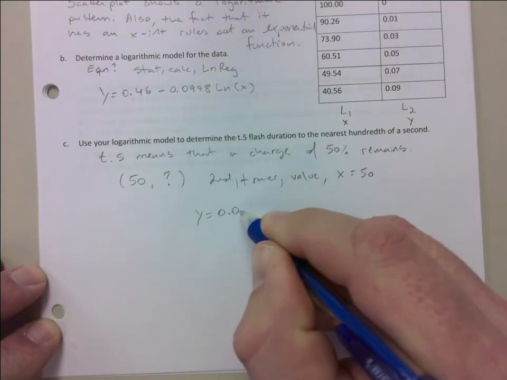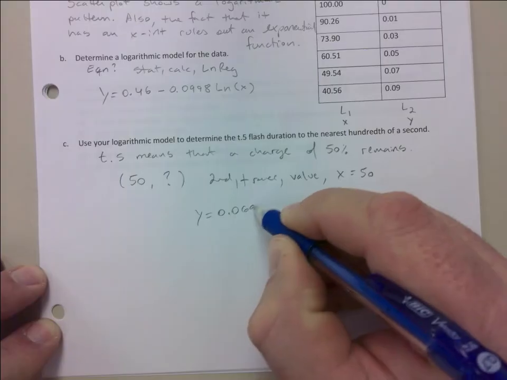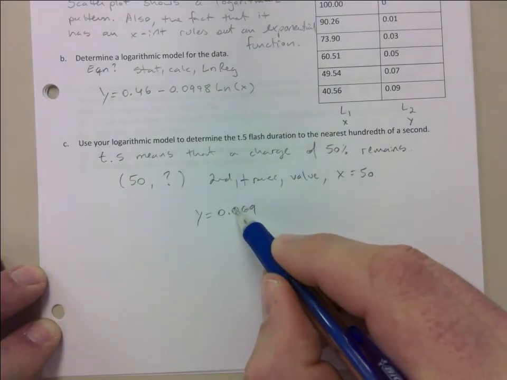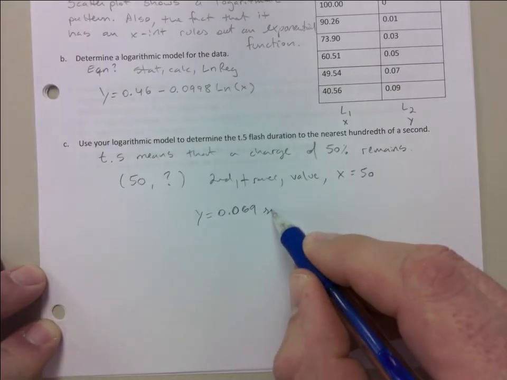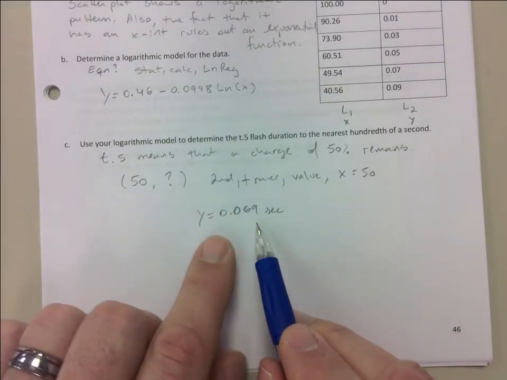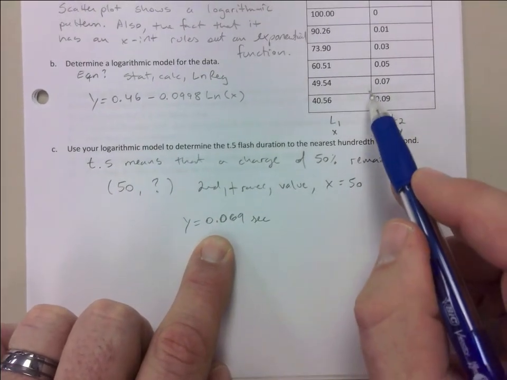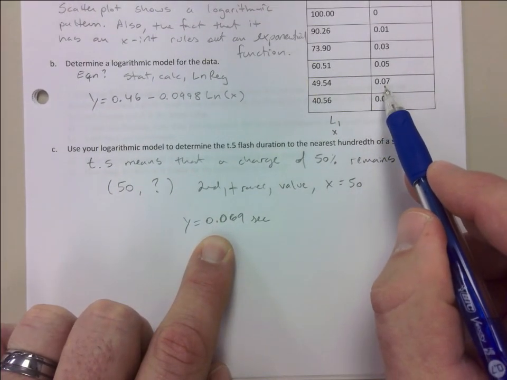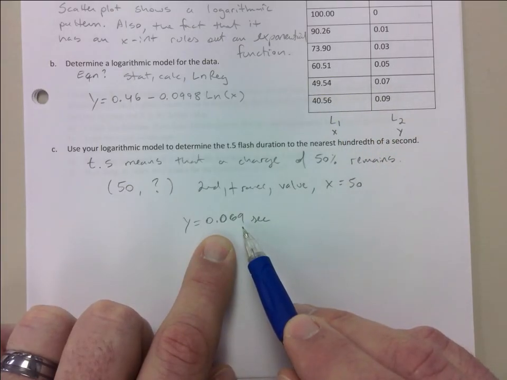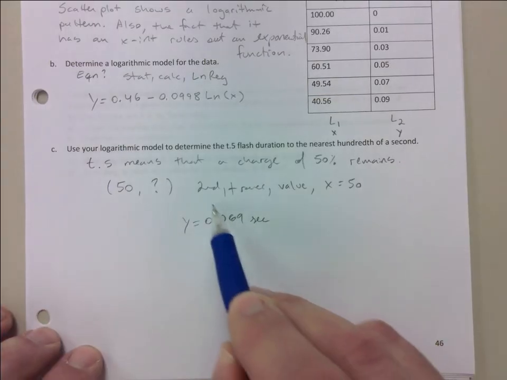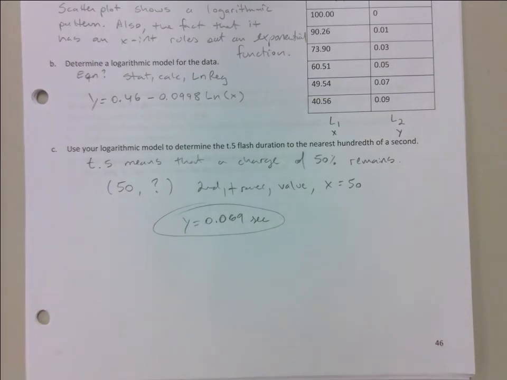I'm gonna go with 3 decimals, and this is seconds. The reason being is because I see a 0.07 here in my table. So to be a bit more specific, a T5, right, is this many seconds. But regardless of how you round it, you would have received the correct marks there.